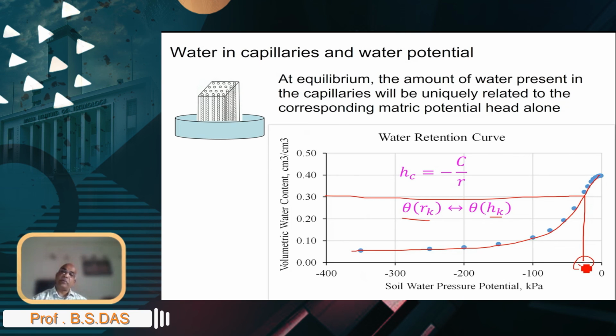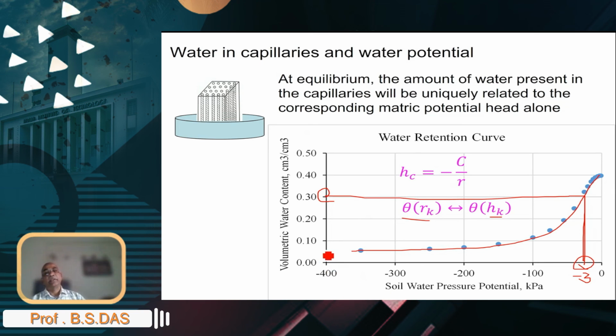If you are thinking about a field capacity to be about 0.3 bar, which is about 33 kilopascal, so here is minus 33 kilopascal, and here is that field capacity of water. Similarly, as you go beyond that to about 1500 kilopascal, that's about 15 bar. 100 kilopascal is 1 bar, so that's about minus 15 bar.